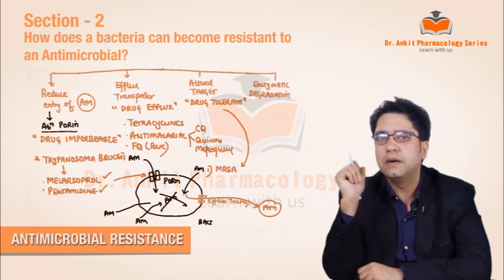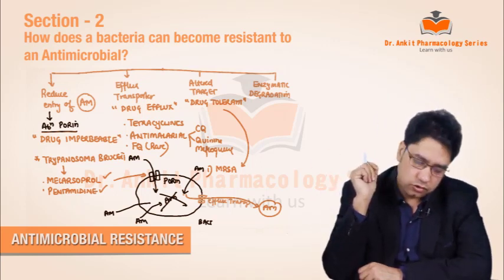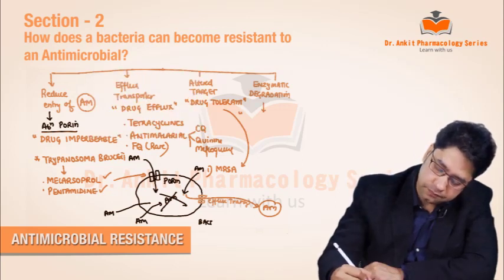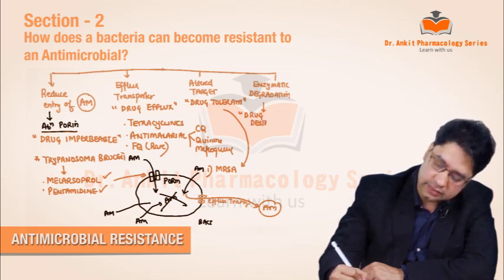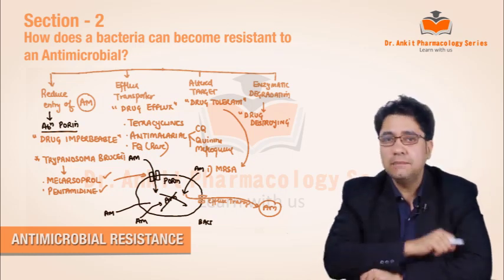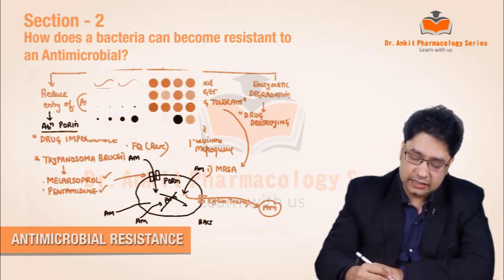It is degraded by enzymes. Agreed? So this mechanism is also known as drug destroying. This is also known as drug destroying mechanism. Okay? So enzymatic degradation occurs against the bacteria.